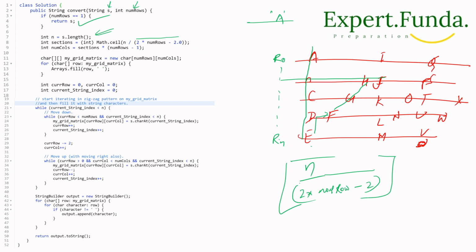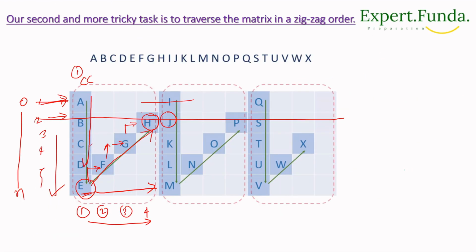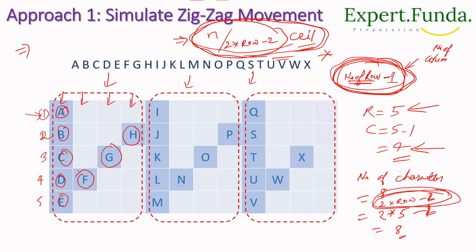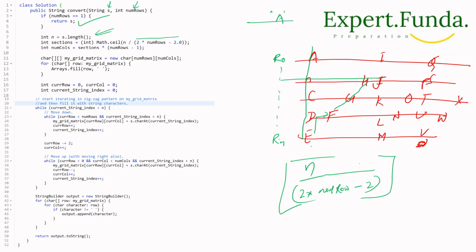Let's suppose for this example we find the length by counting the total number of characters. Suppose n is 26, so the length of the string is 26 for A to Z, right? Now we have 8 per section.